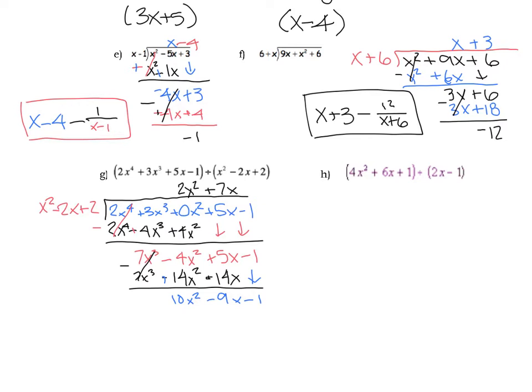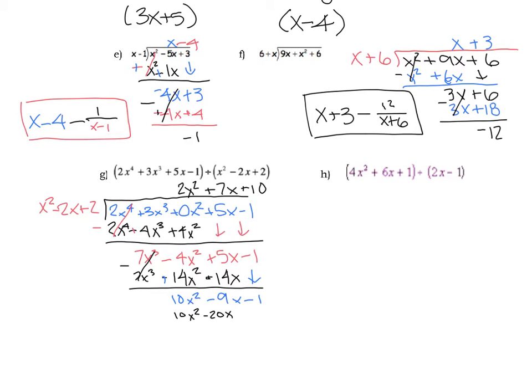All right, so let's try this again. x squared goes into 10x squared. How many times? Positive 10 times. So 10 times x squared is 10x squared. Remember, that's what we want. Then 10 times negative 2x is negative 20x.